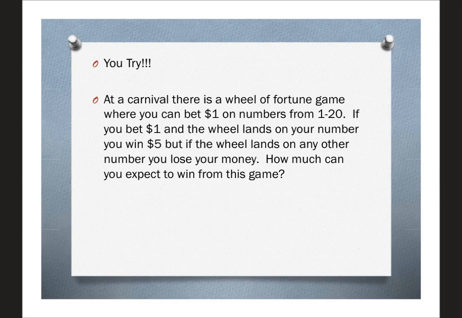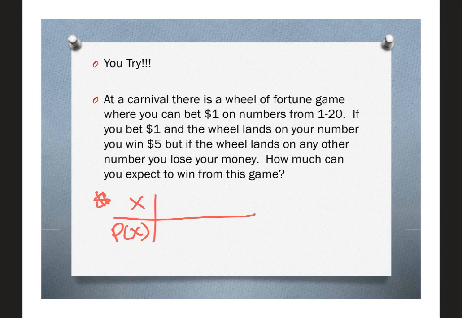Okay, so this one's a little bit different. We are going to say the amount of money is going to be on top, which is my X, and then our probability is on the bottom. You're paying $1 to play, and then you win $5 if you land on your number.